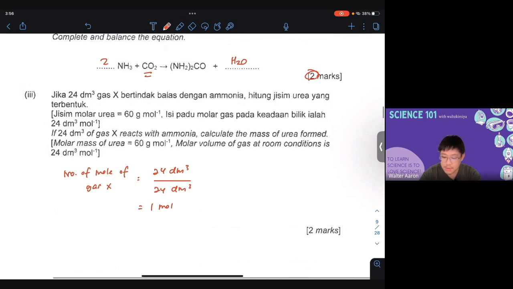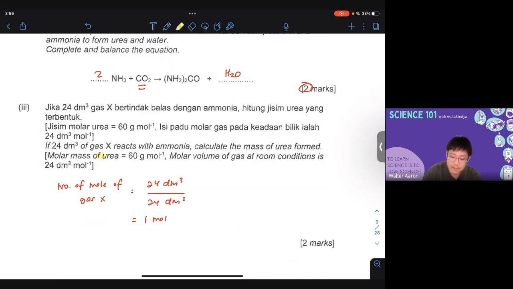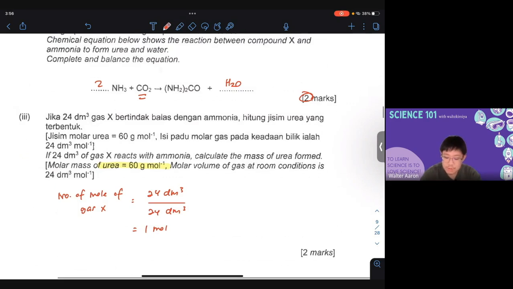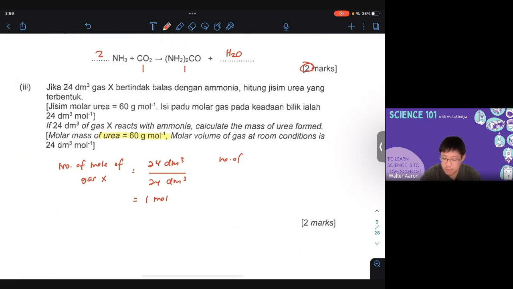Okay. Then you have to calculate the molar mass of urea, which they already give you. Okay. So based on the equation you see here, carbon dioxide to urea is 1:1 ratio. So the number of mole of urea is also 1 mole. Okay, number of mole of urea is 1 mole.